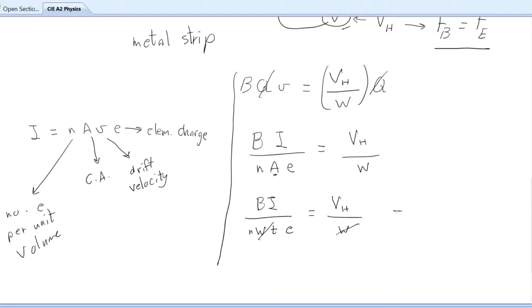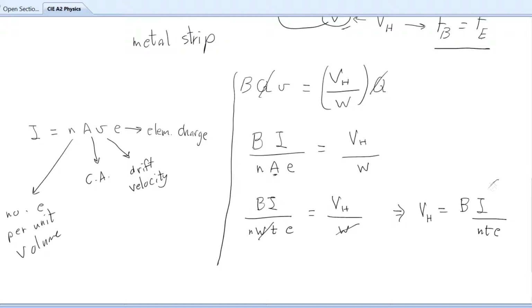So you get here that the Hall voltage measured by the voltmeter across the strip is equal to BI over NTE, where N is the number of electrons per unit volume for this type of metal, T is the thickness of the metal strip, E is the charge of one electron, and the current I is equal to the current through the strip.